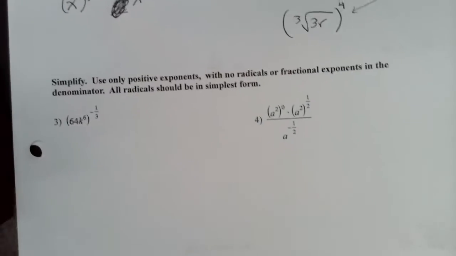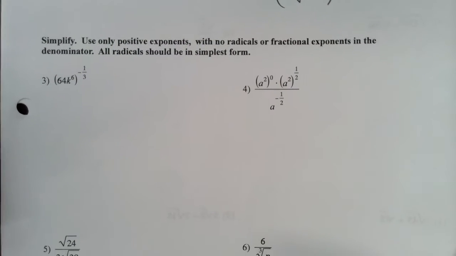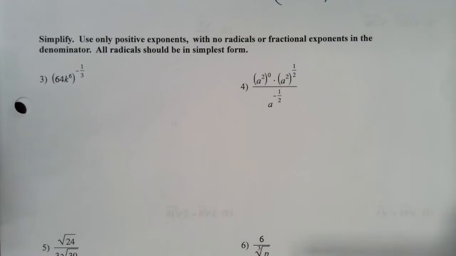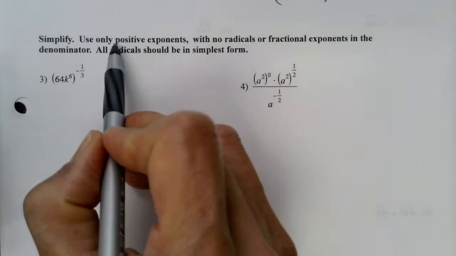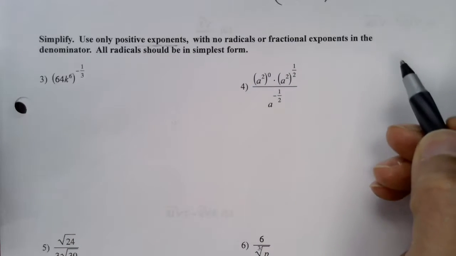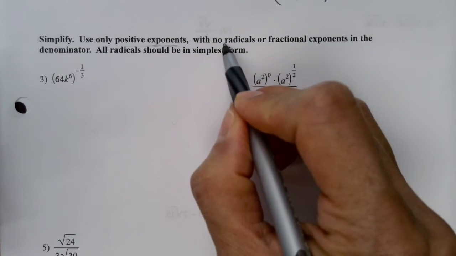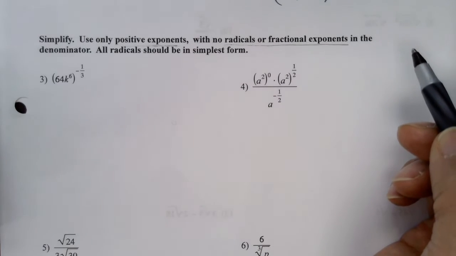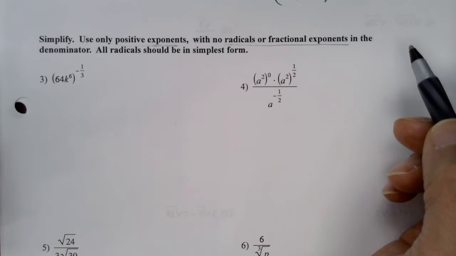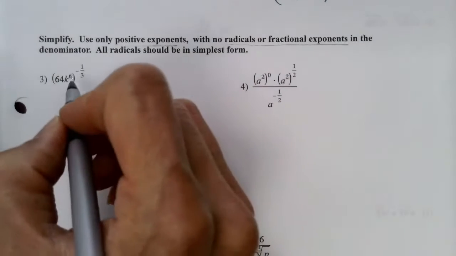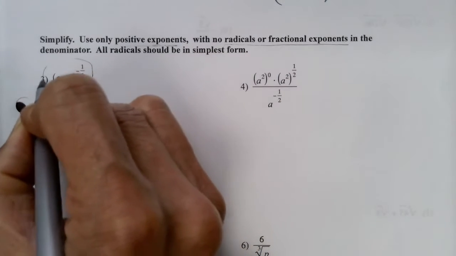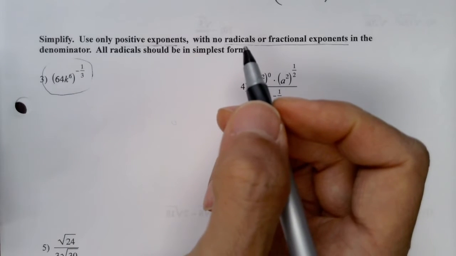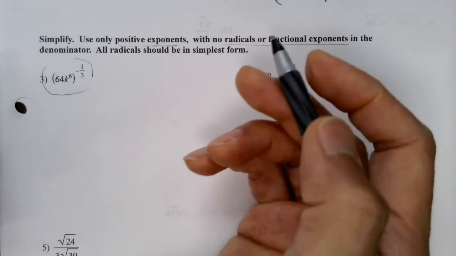Okay, moving on. From here on out, we're simplifying. So positive exponents, so no negative ones, and then no roots or fractional exponents, since they're the same thing, in the denominator, but they can be in the numerator. So for this one, I'll show you a couple ways to do this.